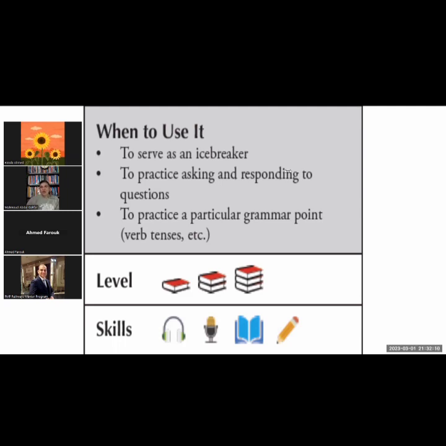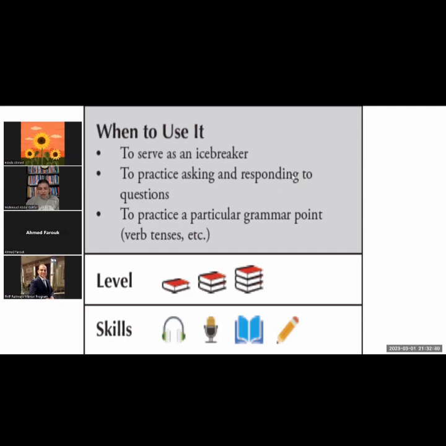Okay, so you can ask your students to stand up, move through the classroom and find someone who is going to the cinema next week. Find someone who is playing football next week. By doing this kind of activity, you are practicing grammar, the present continuous tense. The level of students here is all levels.